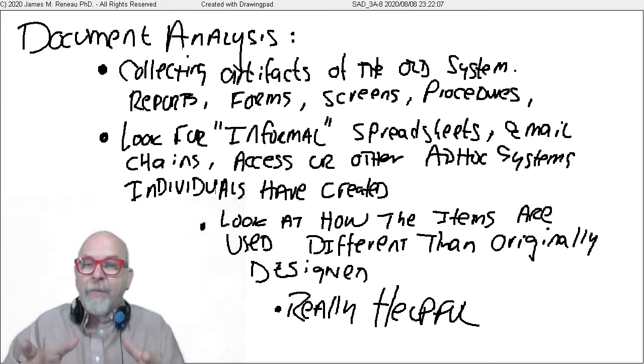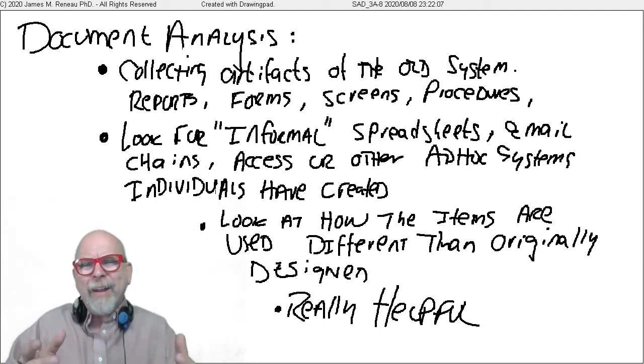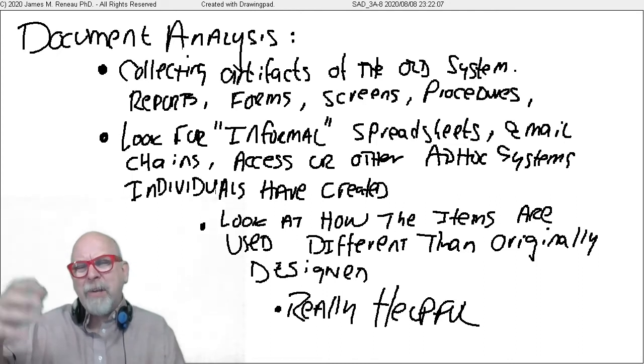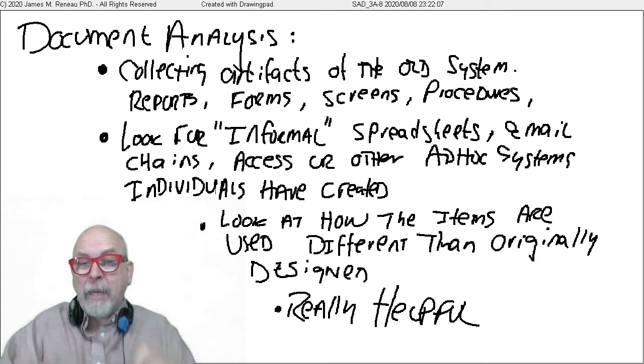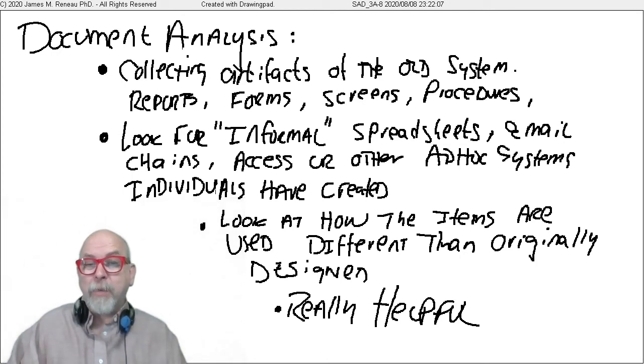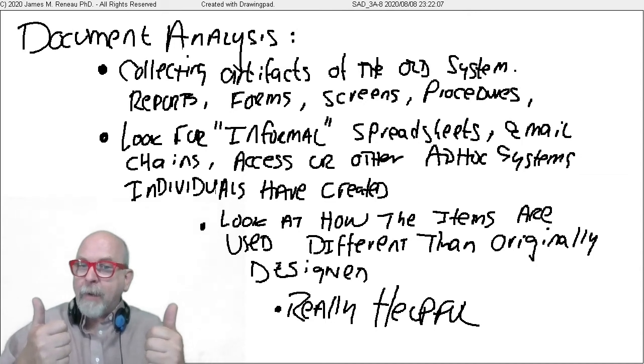Lots of people will have a cheat sheet in their desk drawer of how to do something. You know, well, there's this procedure manual, but it doesn't make any sense. Here's my little one-page quickie notes that I use to get through this. That's golden. That is like manna from heaven.